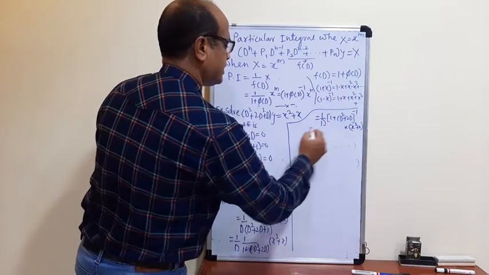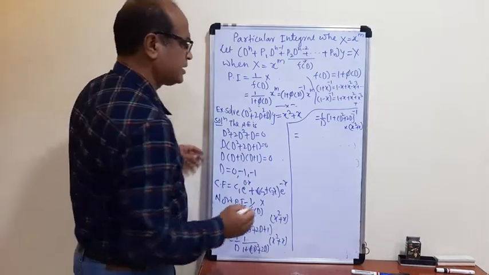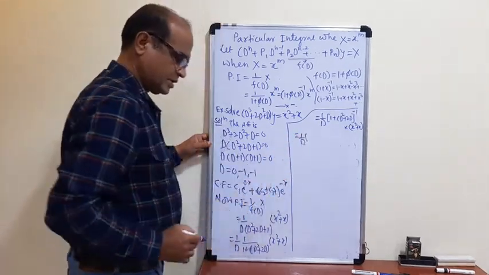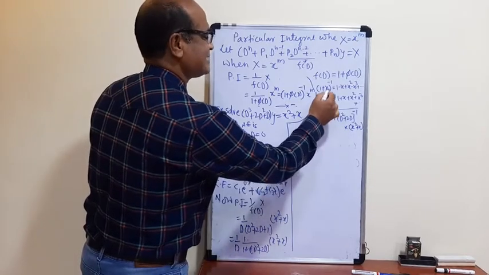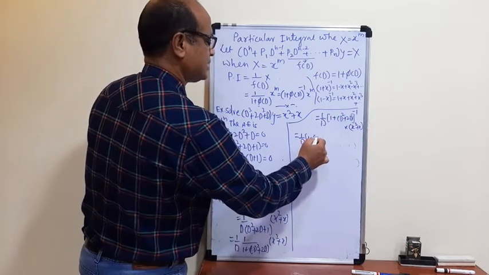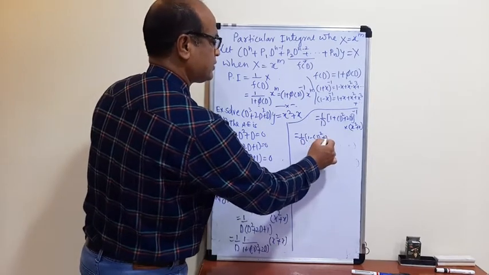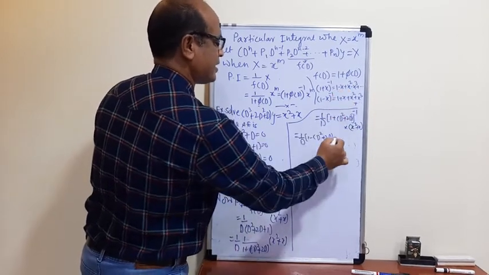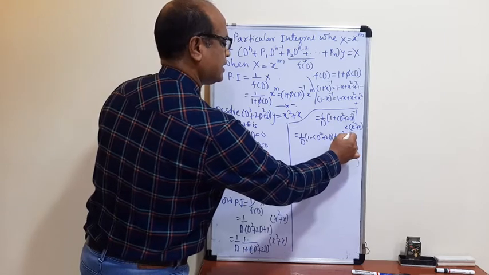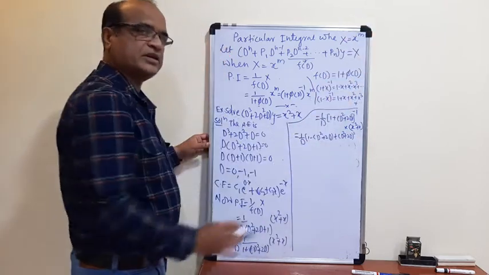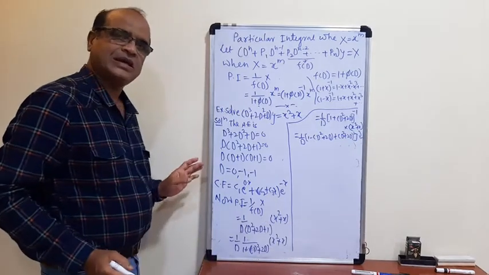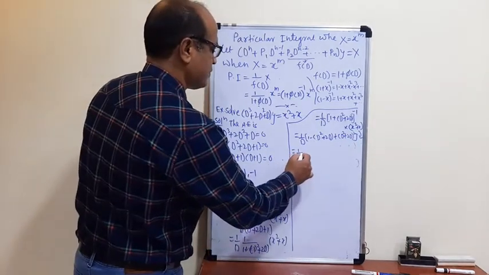So this equals 1 upon d into bracket 1 minus d square plus 2d, plus d square plus 2d whole square, and the higher power terms are neglected, into x square plus x.